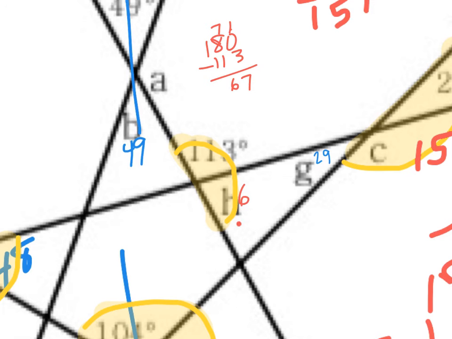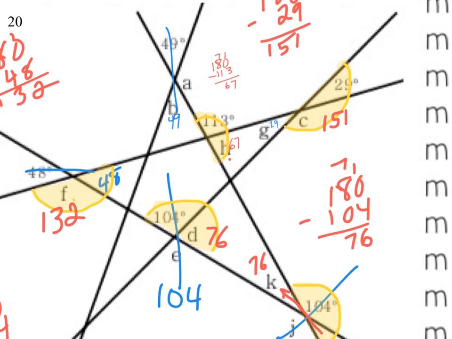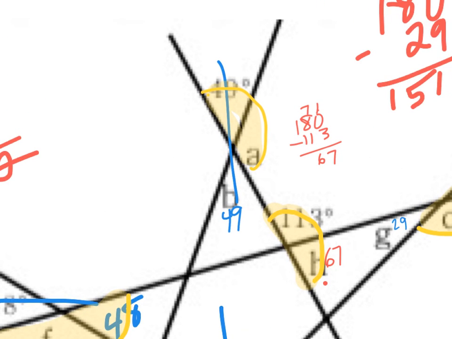So H is going to be 67. And then the last one here, I have 49 and A sitting on a line too, 180 degrees, supplementary. So 180 subtract 49 is 31. So A is going to be 31.